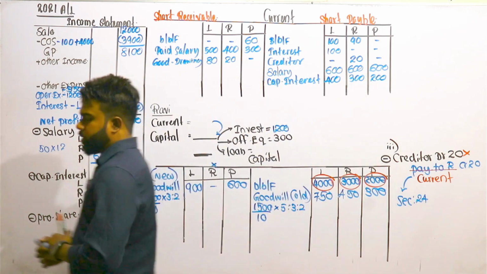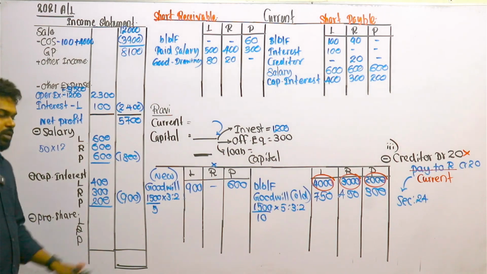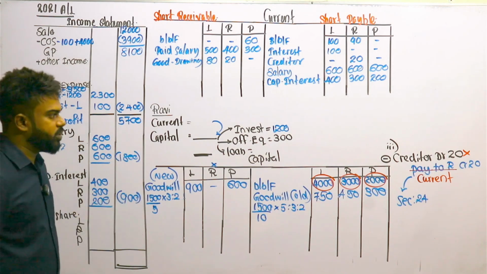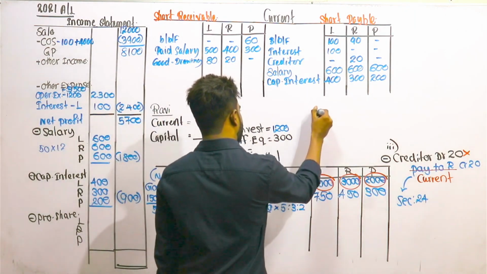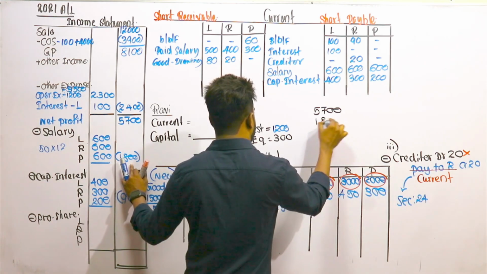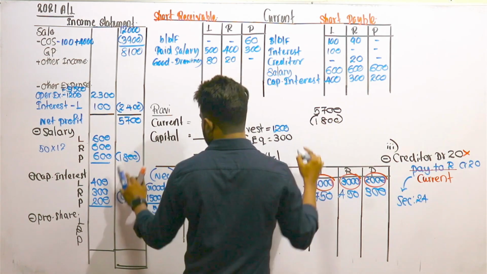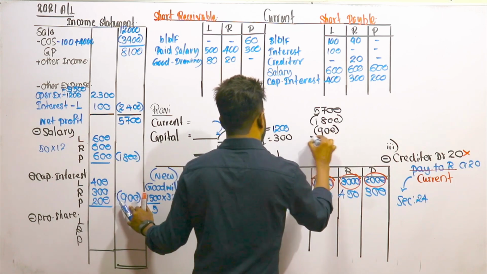Right. And calculate the profit share and tell me. Look at how much the remaining profit is here. That should be distributed as profit share. Total profit 5,700. Out of that, salary deducted 1,800. Capital interest deducted 900. How much is remaining?